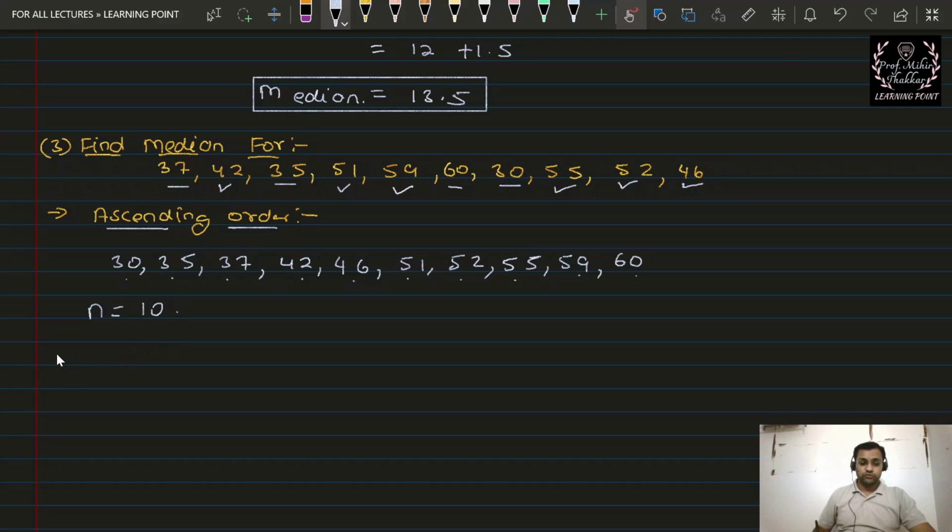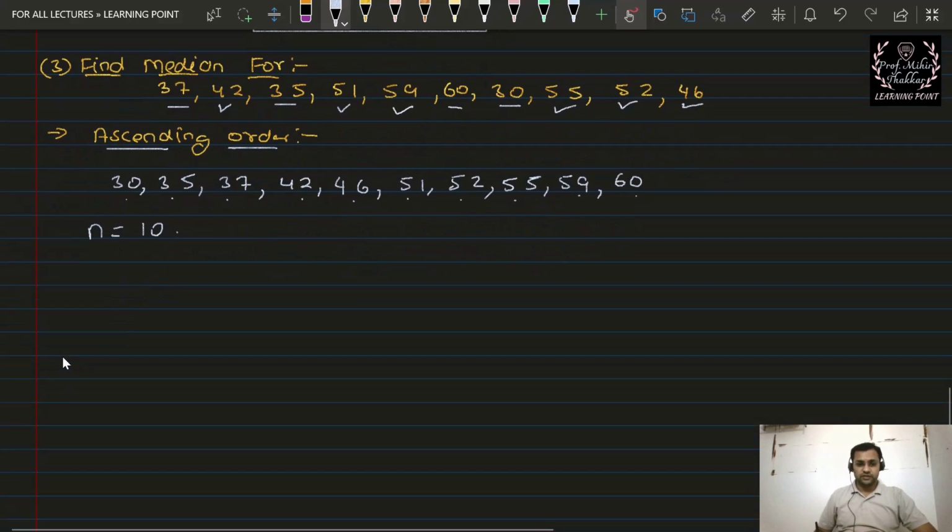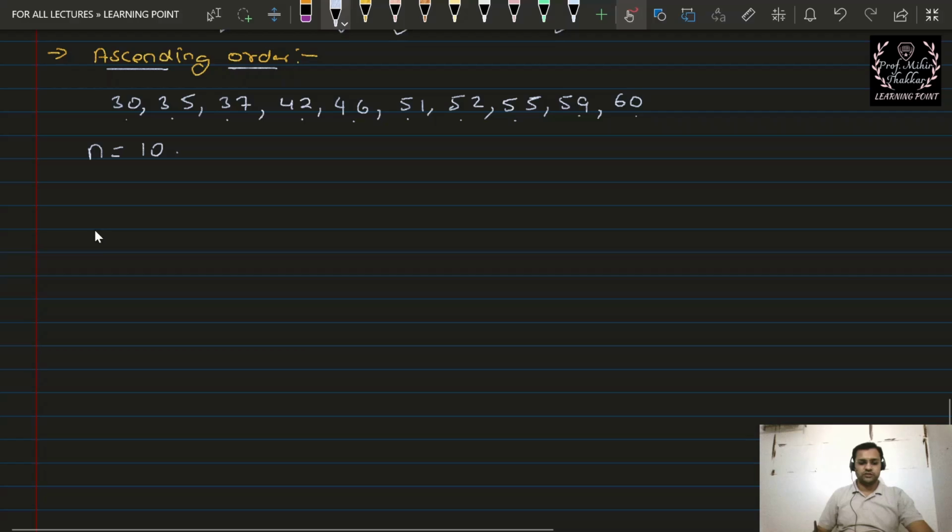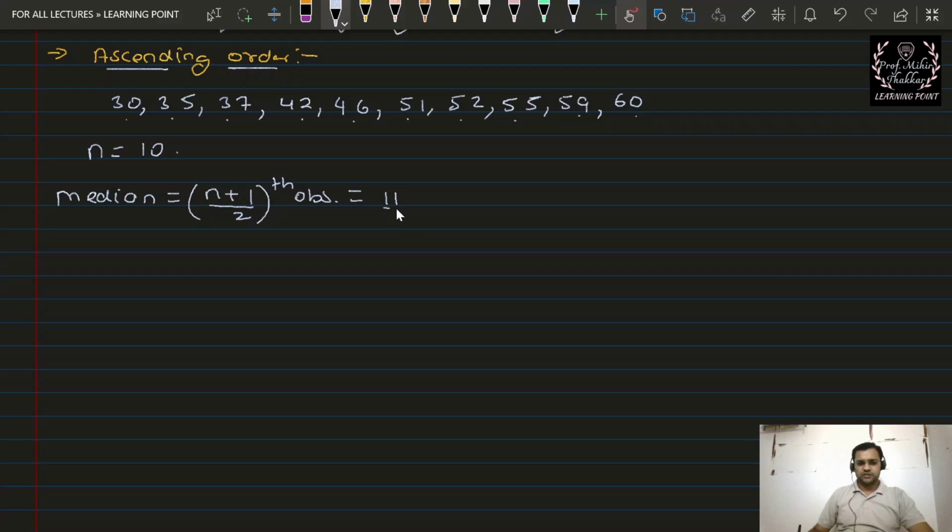So again, guys, you have to apply the same logic for calculating the median. Median is equal to (n plus 1) upon 2 th observation, which is 11 upon 2 th observation, and I write it as the 5.5th observation.